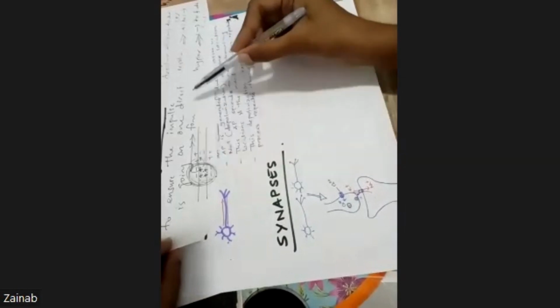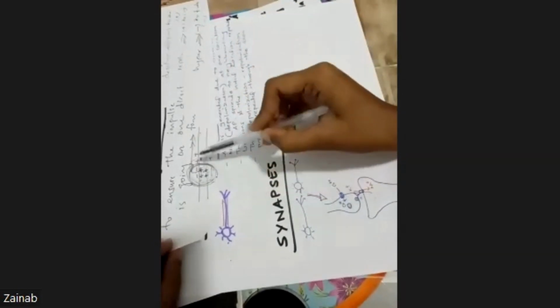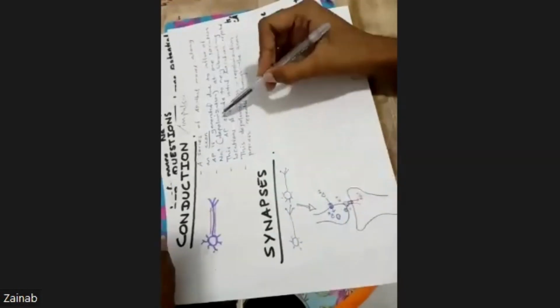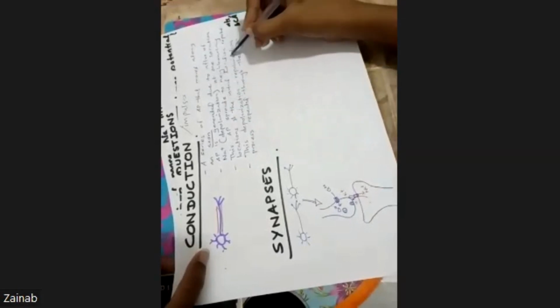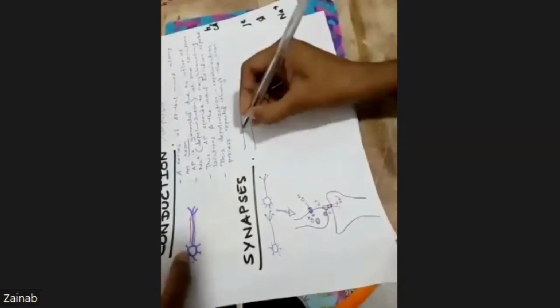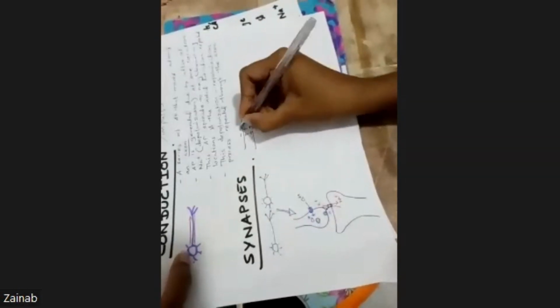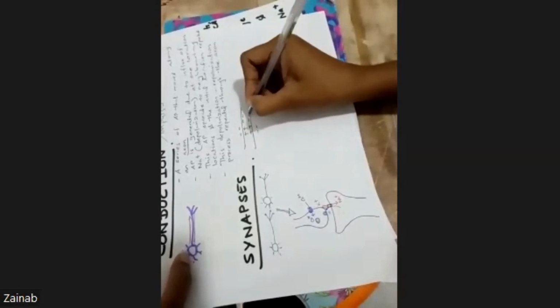While it's moving forward, the previous location will come back to normal. That means repolarization. This action potential spreads to the neighboring locations and the initial location repolarizes. So here we have the depolarization phase of the action potential, and here we have the normal state.